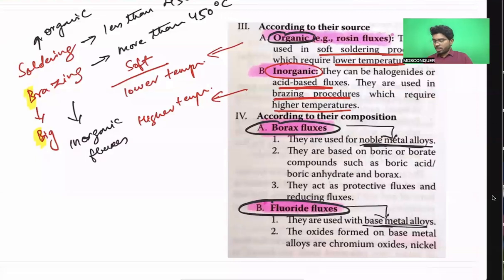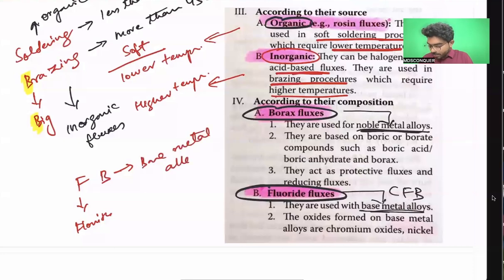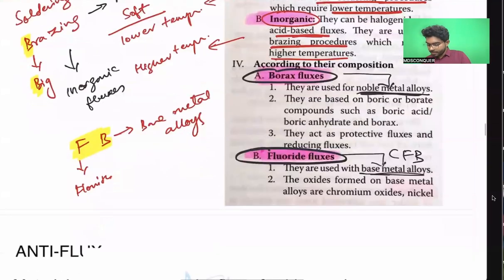Very, very important. You can remember it as FB: F for fluoride fluxes, B for base metal alloys. Clear? Can I move to the next part?